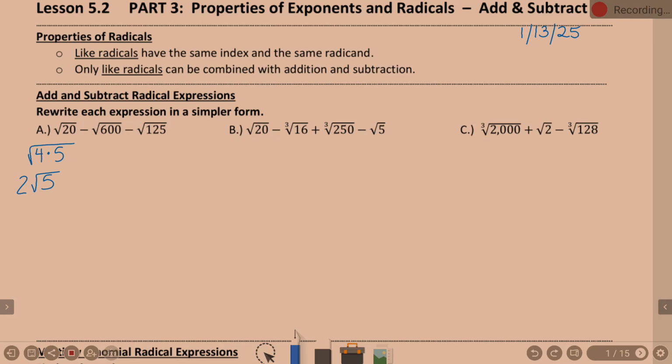It's go big or go home. So 600, we're going to write it as 100 times what? 6. Let's simplify that. What is the square root of 100? Not 100. 10. And then the square root of 6 will stay the square root of 6, yes?